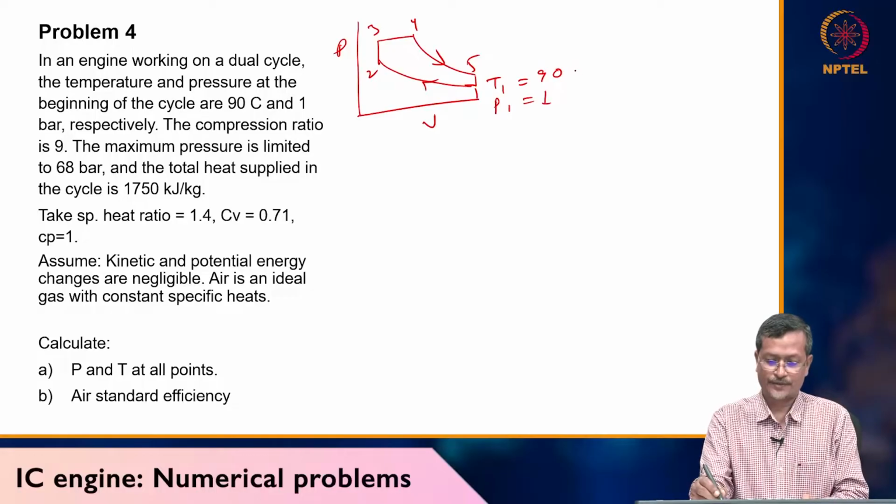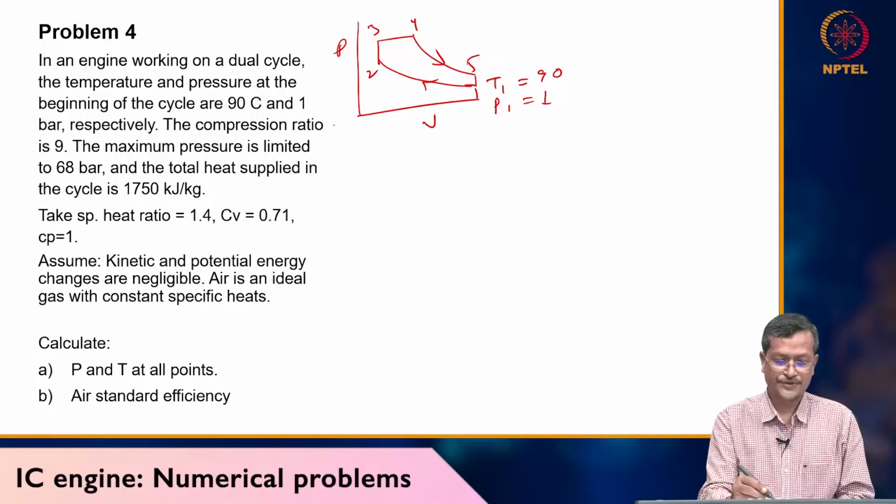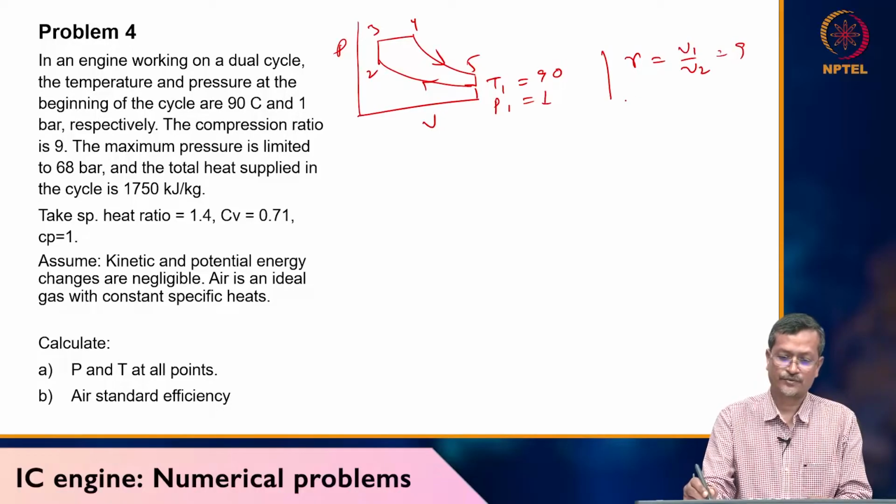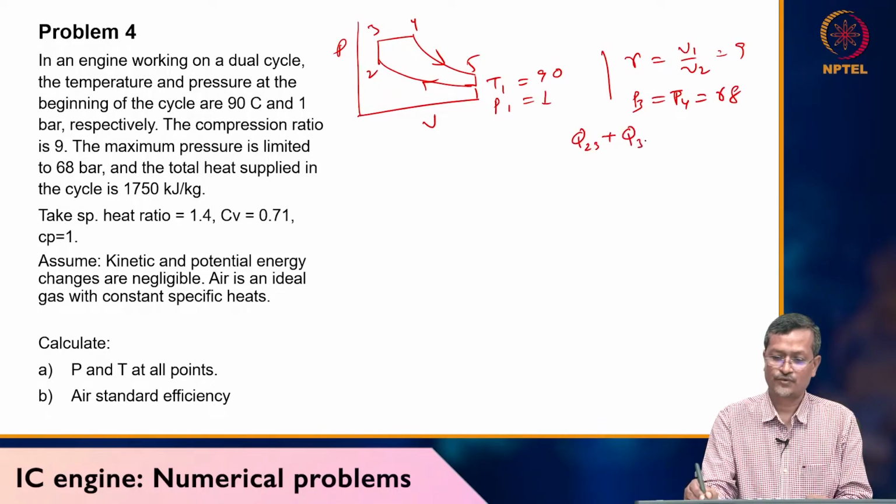Now compression ratio R is given, V1 by V2 is 9, maximum pressure limited to 68 bar. So P3 equals P4 equals 68. The total heat supplied in the cycle, Q2-3 plus Q3-4, equals 1750 kJ per kg.